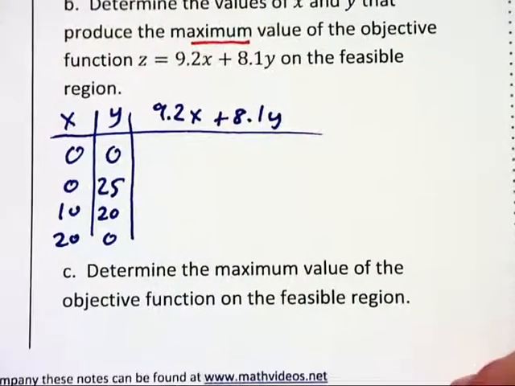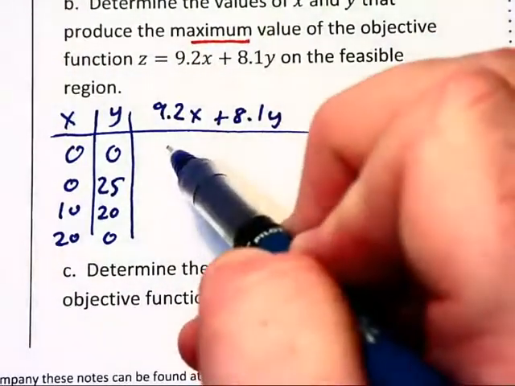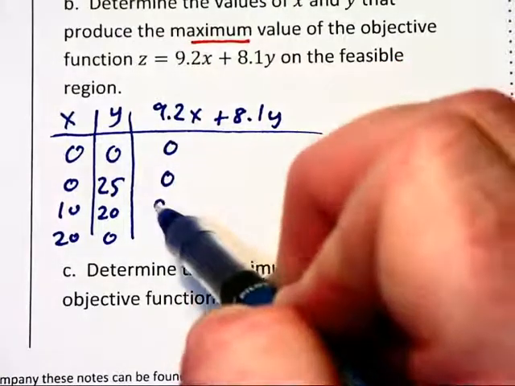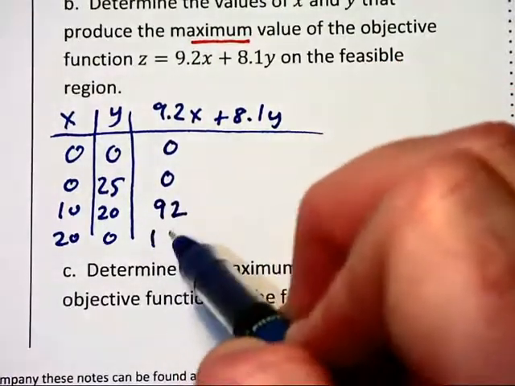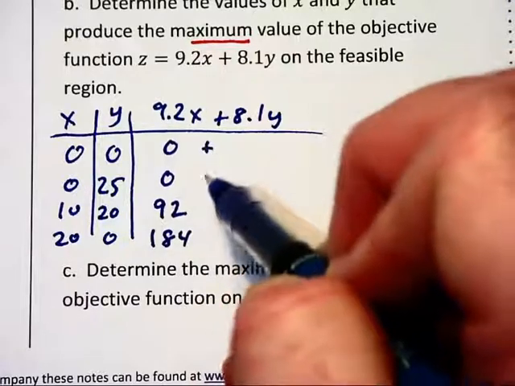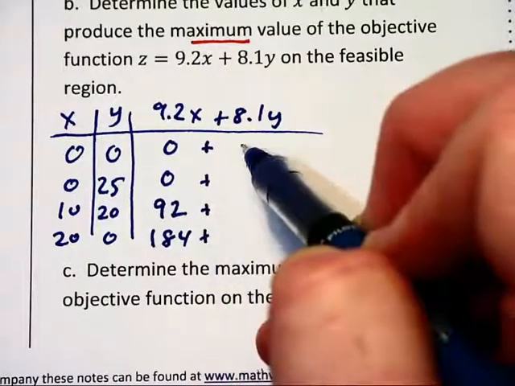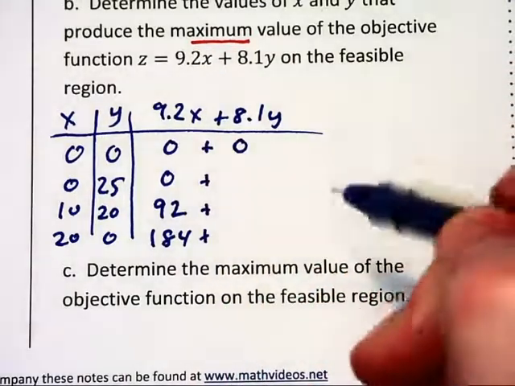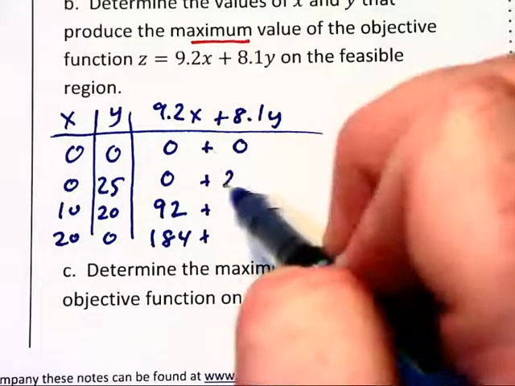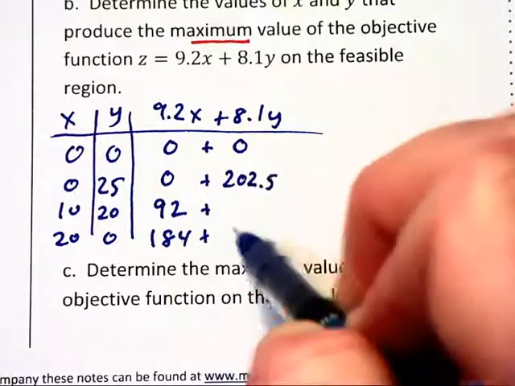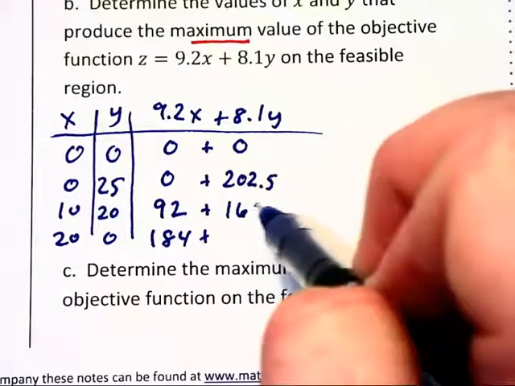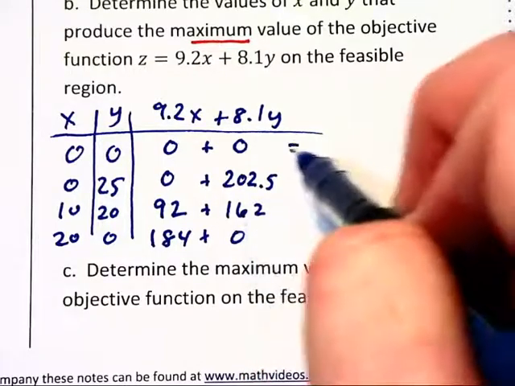So I'm going to fill up this x column first. 9.2 times 0 is 0. We're going to have 92 and 184. Let me put my plus signs going down. We will have 0. 8.1 times 25 is 202.5, followed by 162, followed by 0.